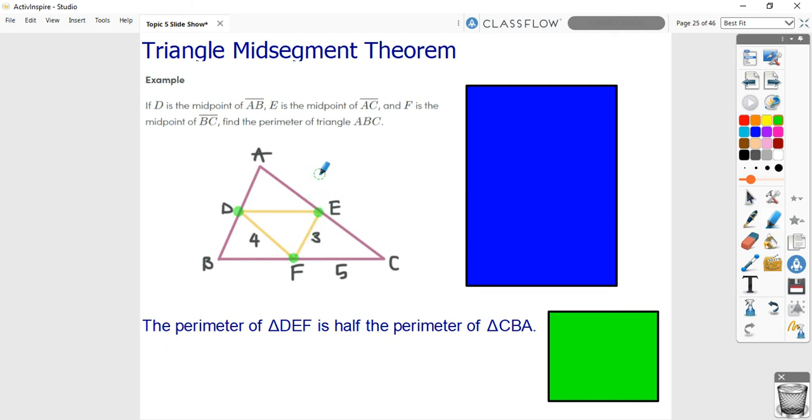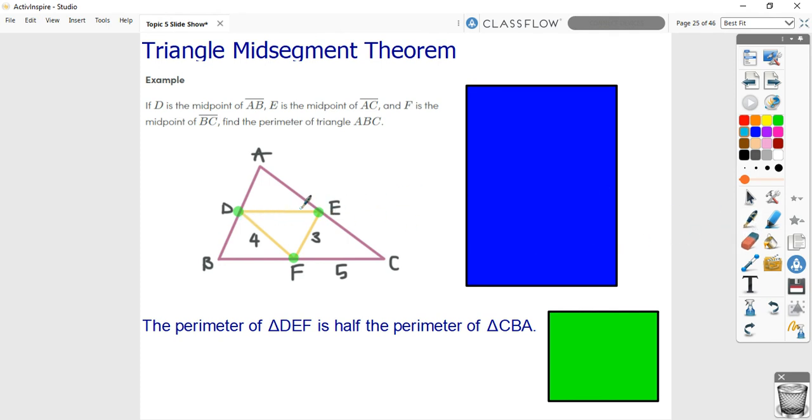All right, so it's asking us to find the perimeter of ABC. Well, that's not necessarily a very easy thing to do, but what we can do very easily is figure out the perimeter of this inside triangle and then use this little piece of information down at the bottom. All right, so if we're going to find the last part of this triangle, okay, we've got two of the three sides of our inside triangle right there, our midsegment triangle.